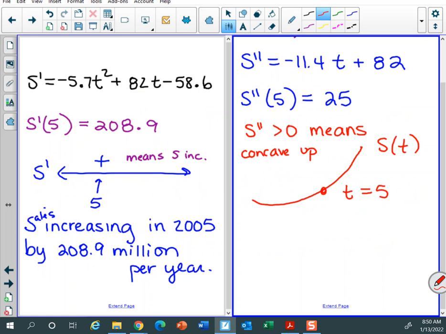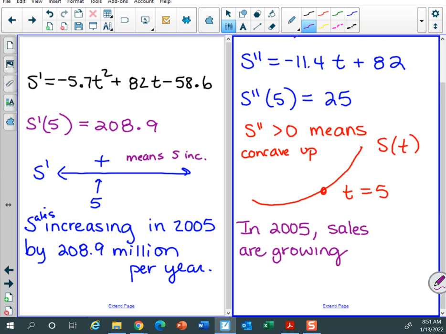So what does that mean in terms of the sales function? In 2005, the sales are growing.